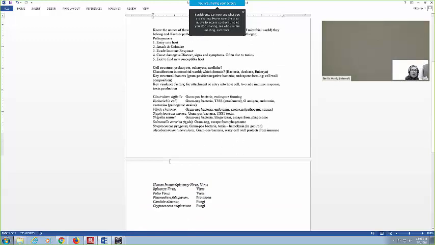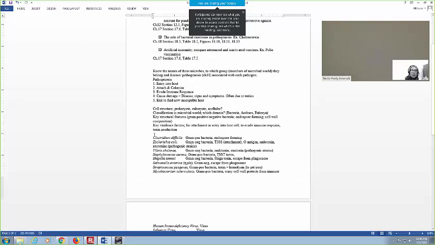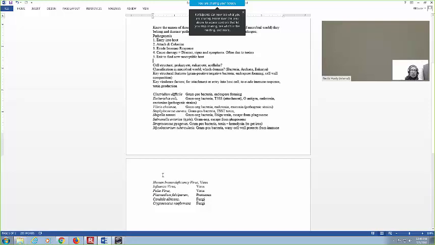So let's look at the list. You can see here at the bottom of the page, I have the bacteria listed. And then on the second page, I have the other microbes that I have on the list. For all of the microbes, you should know what type of microbe they are. Are they bacteria, virus, fungus, protozoa?